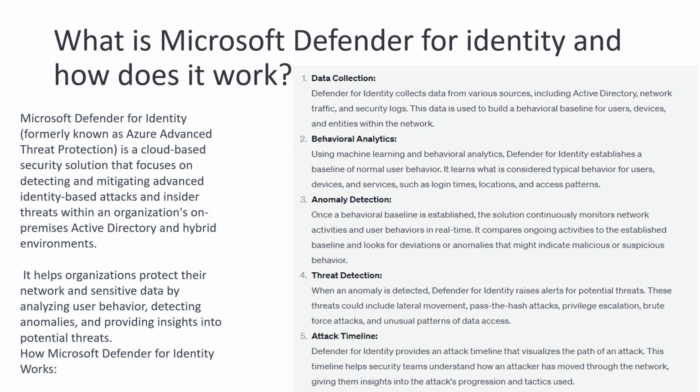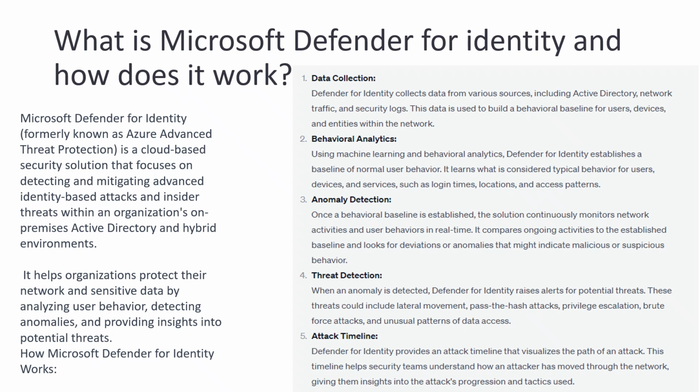It helps organizations protect their network and sensitive data by analyzing user behavior, detecting anomalies, and providing insights into potential threats. How Microsoft Defender for Identity works.